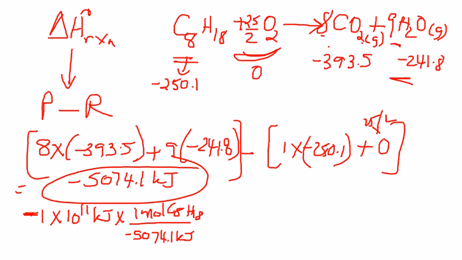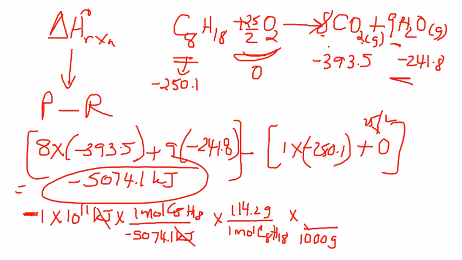C8H18. So the kilojoules and kilojoules will cancel off, and you know that a mole of octane is going to weigh 114.2 grams, and we also know that 1,000 grams, because ultimately the answer is supposed to be in kilograms, is a kilogram, so gram and gram will cancel, mole and mole will cancel.